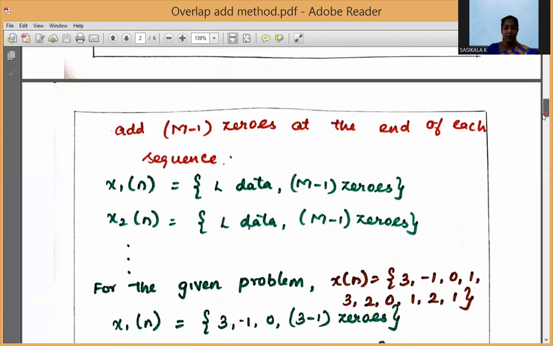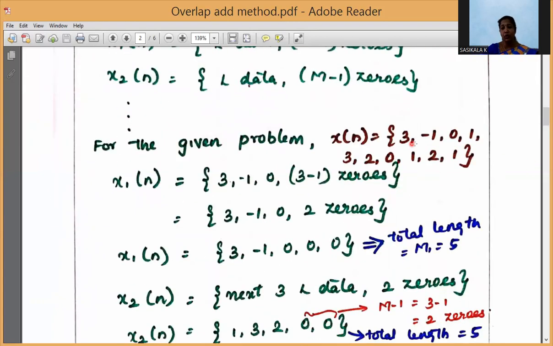So for the given problem, x of n is equal to 3, minus 1, 0, 1, 3, 2, 0, 1, 2, 1. The x1 of n can be written as follows. Listen, here I have taken only the first 3 data because the last data should be m minus 1 zeros.